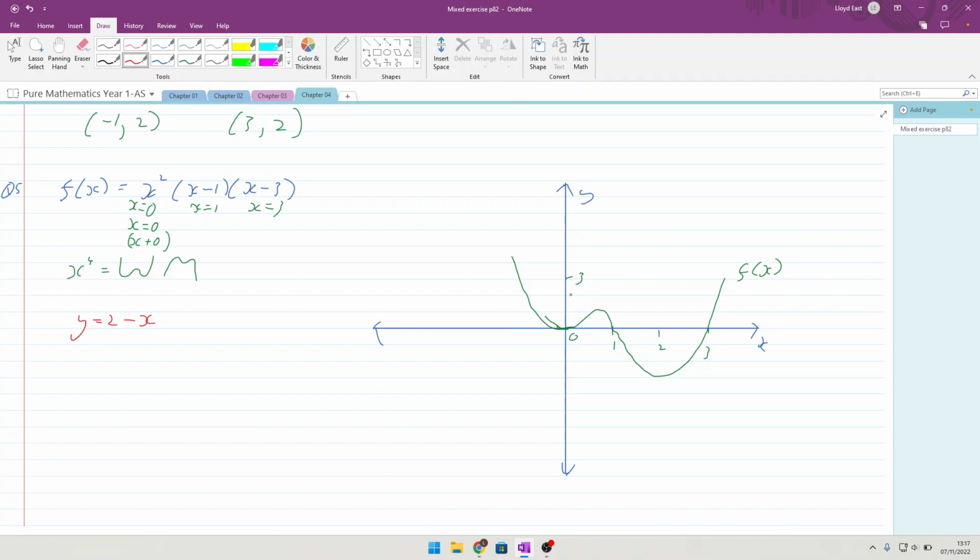So this one does go through 2, and it's coming in at minus x, so it's also going to go through here, like that and like that. Okay, quick label up, y equals 2 minus x.